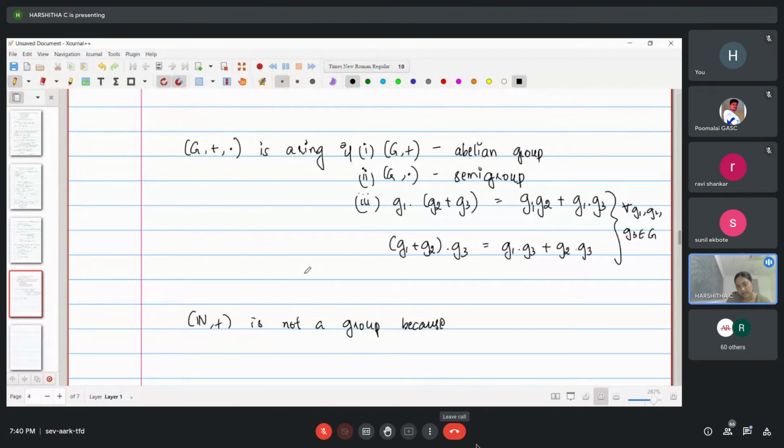You take any non-zero element, say 1, it does not have an inverse. The inverse of 1 is -1 under addition. So it is not a ring.